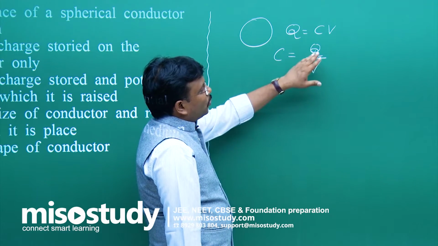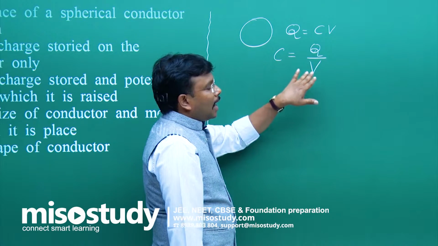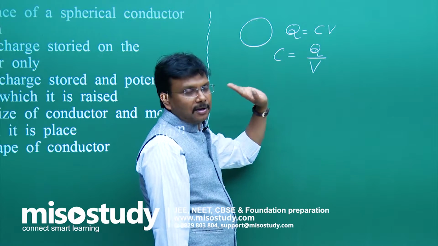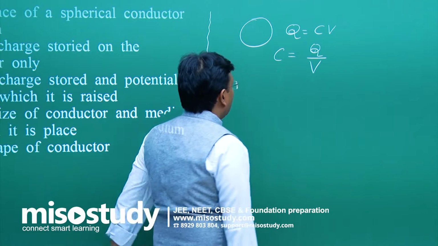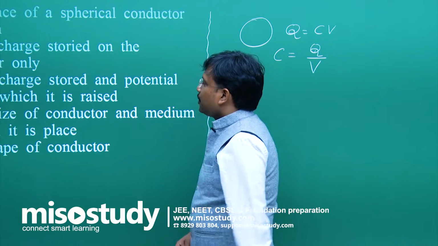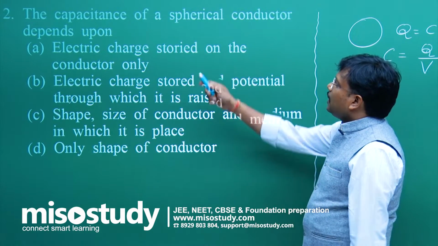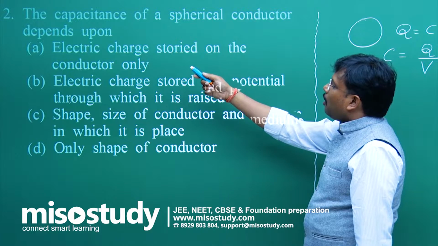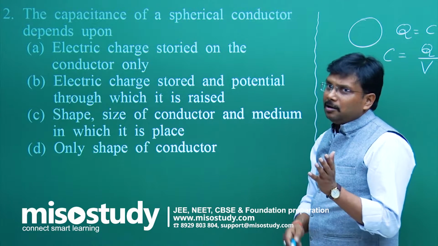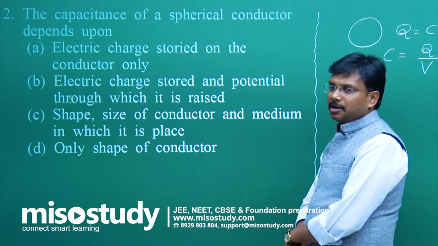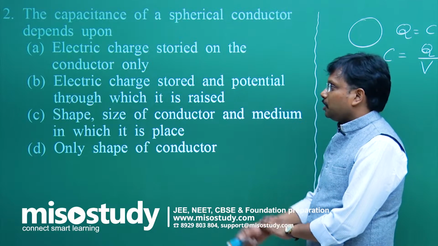So at first hand you can say charge and potential, capacitance depends on both. Remaining I will let you know. So first is electric charge stored on the conductor only. Fine. So does capacitance depend upon electric charge only? No, it depends on voltage also. So this first option, it doesn't seem to be a correct option. Okay.